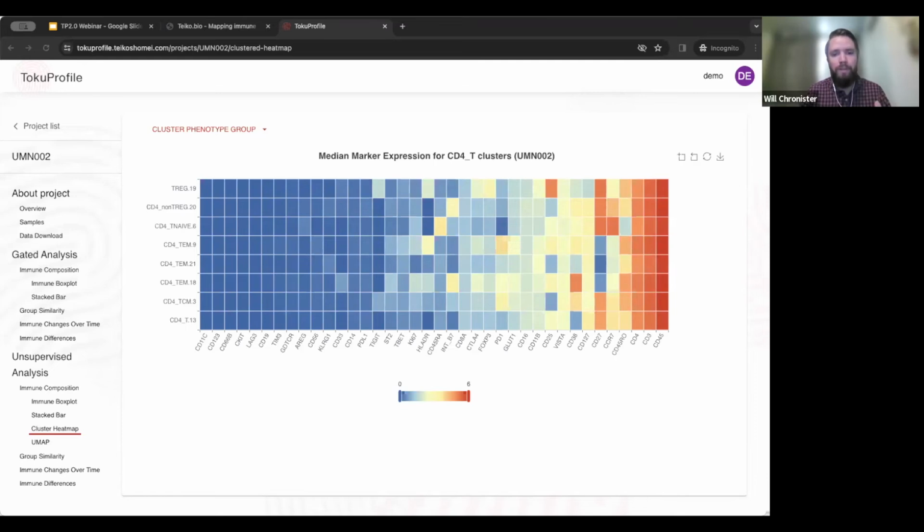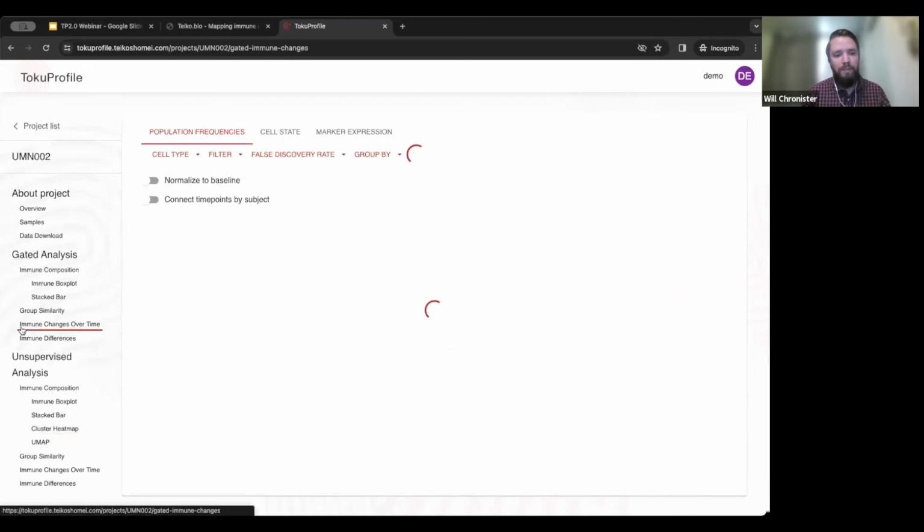I have one in front of me about the difference between the immune changes over time tab and the immune differences tab. So yes, on the web app, we have these 2 tabs under gated as well as unsupervised analysis. And so the difference between these two is immune changes over time is intended to specifically give you the ability to look at your immune subsets over the course of the time points when your samples were collected.